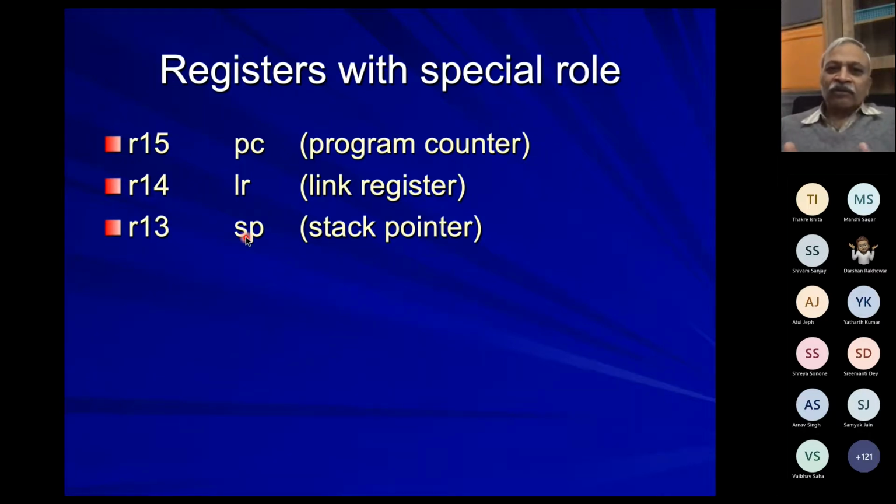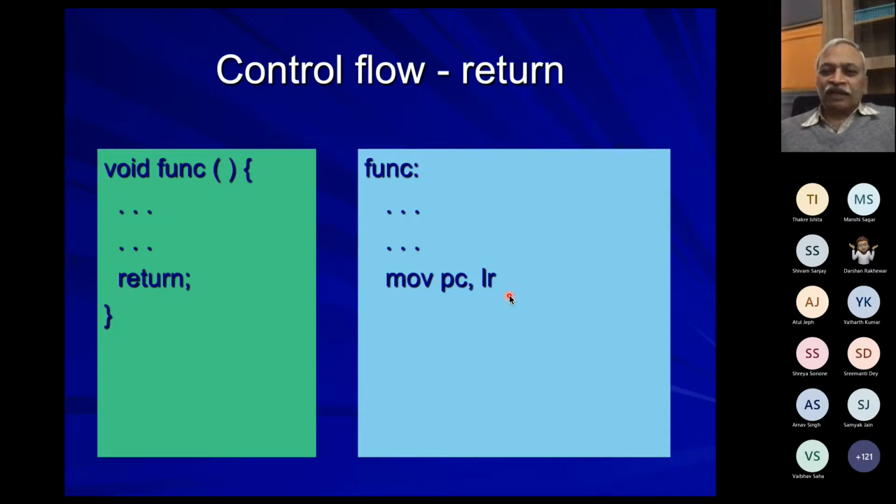Now, this is something which is specific to ARM. There are other processors where these registers would be separate. They will not be part of the main register file. The one use of keeping these registers as part of register file is that you could, for example, use an instruction like move PC LR.